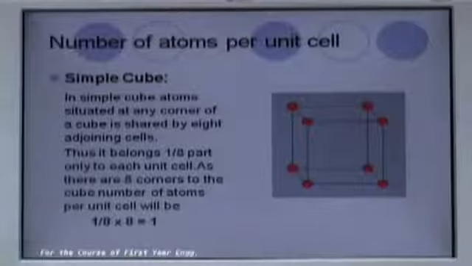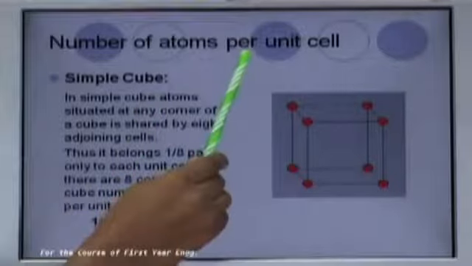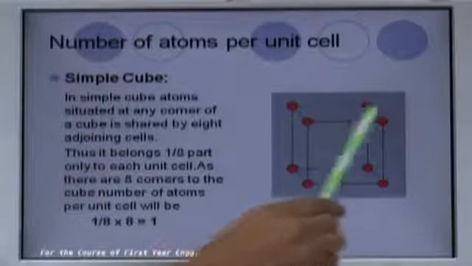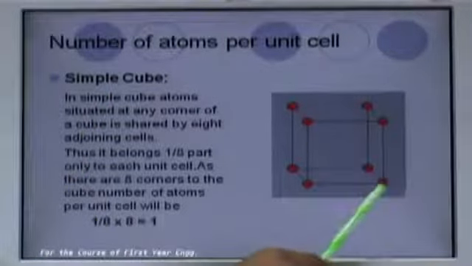Now let us learn number of atoms per unit cell. How many atoms are there per unit cell? First is simple cube. The lattice points or atoms are situated at 8 corners.